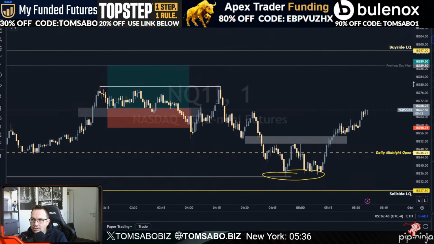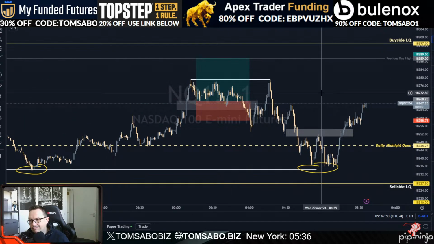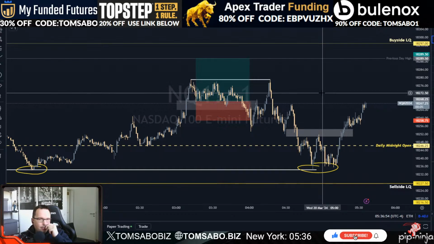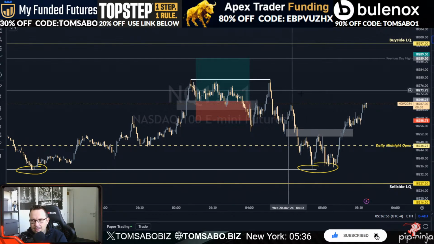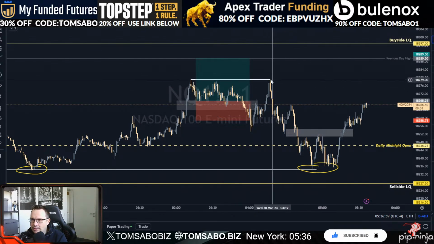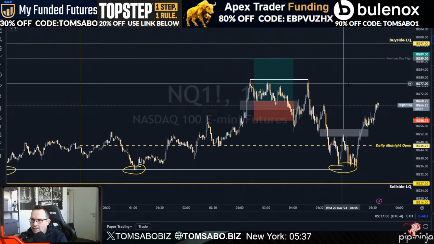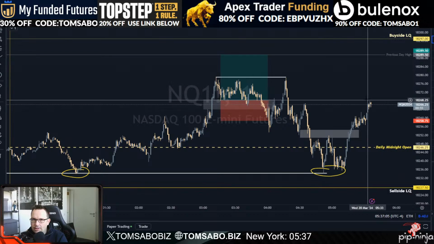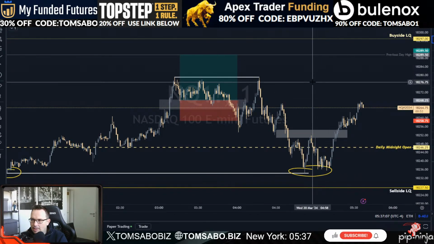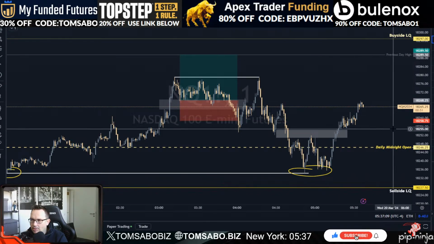Which I think it can do, but I just don't see my entry yet, and I don't want to scalp more because of these losses. I want to hold myself back and just look for the better entries I can spot here. So now it can also go down here.